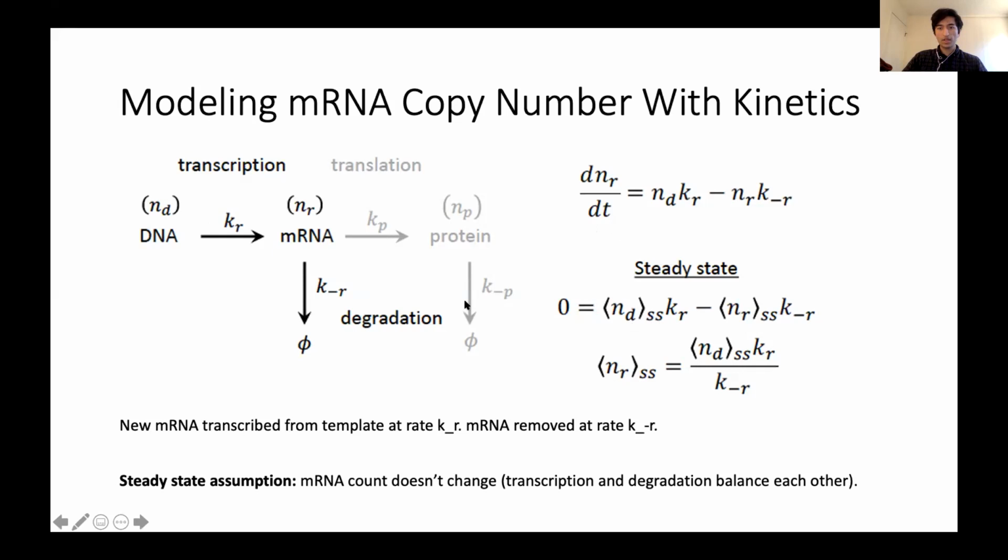So by looking at this kinetic scheme, basically what we're saying is that if you have some type of biological process like this, in which the mRNA is being transcribed at a rate kr and degraded at a rate k negative r, and if we ignore protein translation for a minute, then if you just let the reaction go and find a steady state, where it's not exactly at equilibrium but the concentrations are just staying the same, we would expect the total number of mRNA molecules to be very close to this NR at steady state.